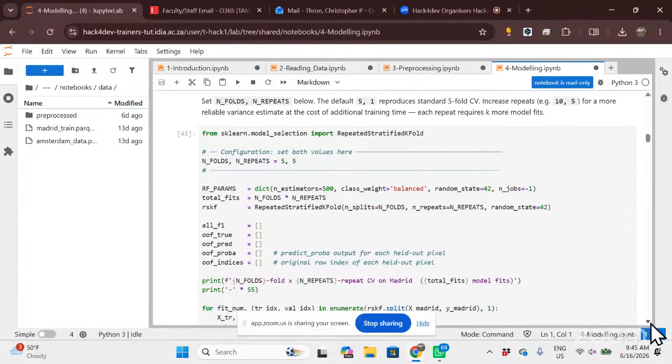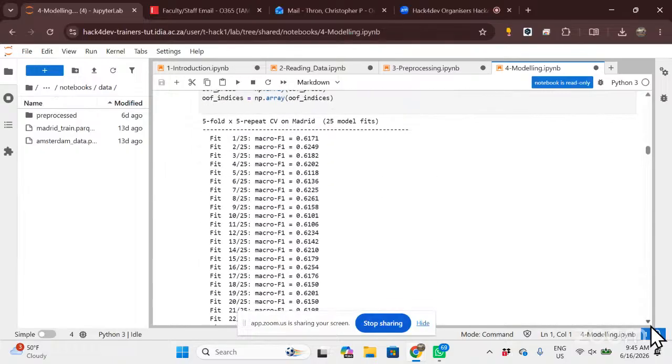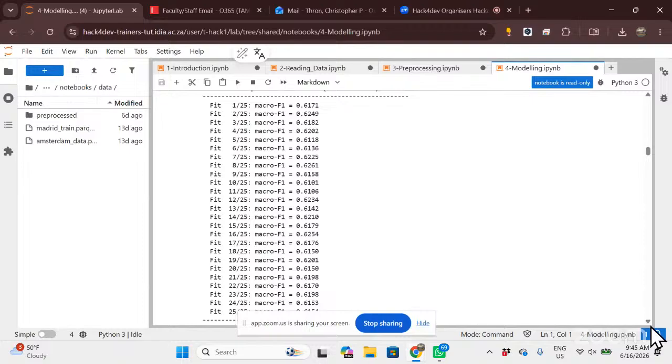And you can see down here this macro F1, which is a measure of accuracy. So you can see it's not always the same, but the different values are quite close. I can see the 0.61, 0.62. So it's all around 61, 62%.